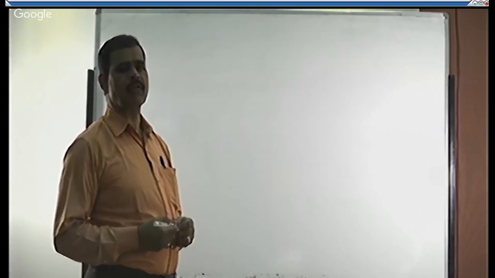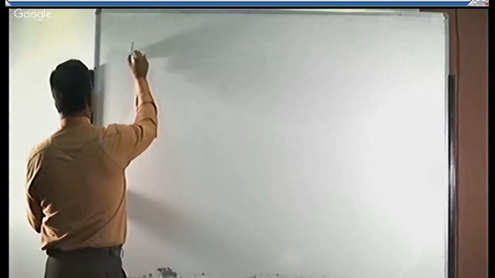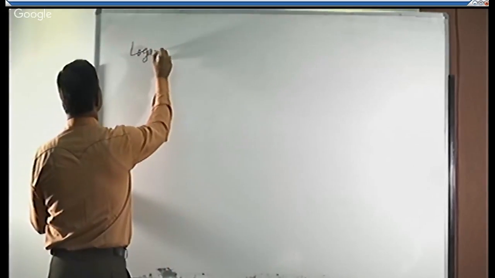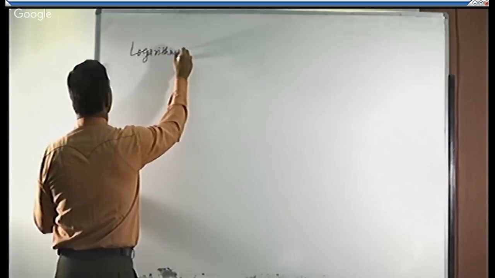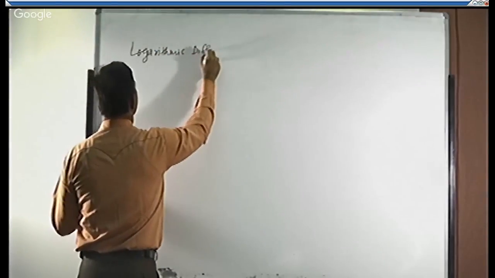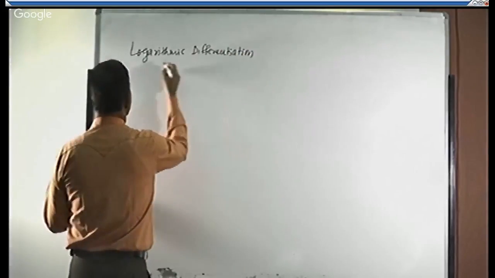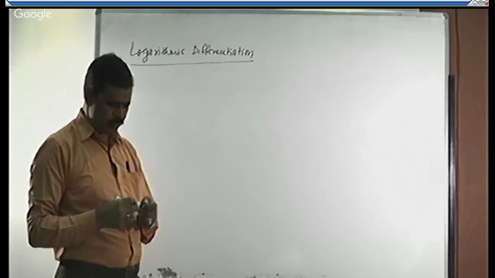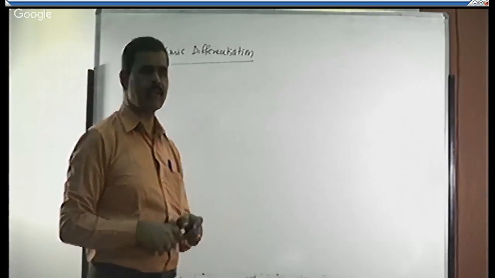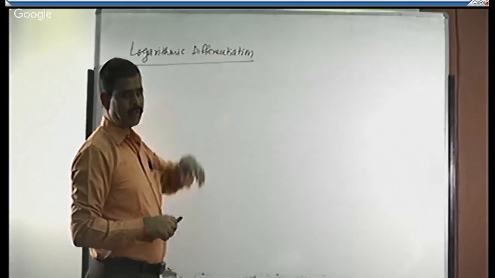Then we can go for differentiation. So it is said to be logarithmic differentiation. Before differentiating, we are going to use laws of logarithm. Therefore, we will call it logarithmic differentiation.